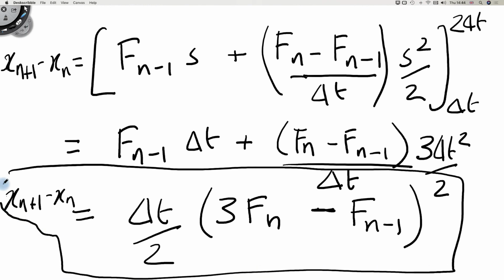This is your AB2. So the recipe to get the new value is to take 3 of your function at step n, minus 1 of the function at n minus 1, multiply it by delta t over 2, and there you go.